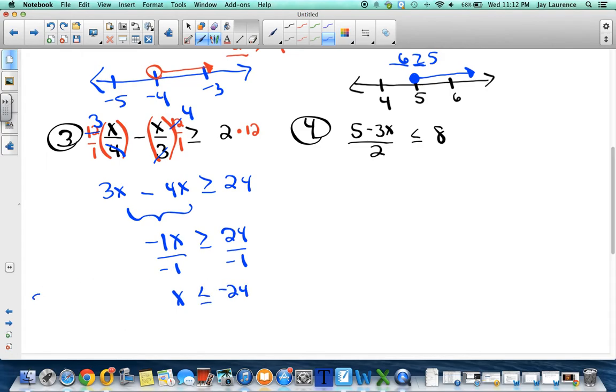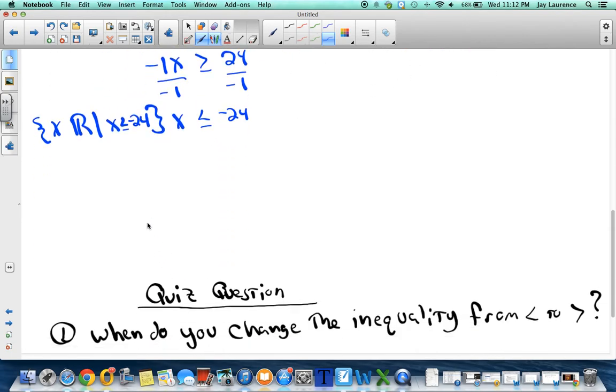The solution set would be the set. So x is any real number such that x is less than or equal to negative 24. And I'm going to close the brace. All right, I'm going to draw my number line.